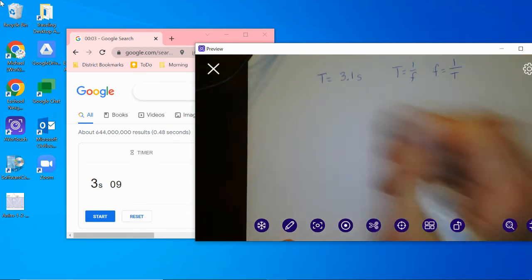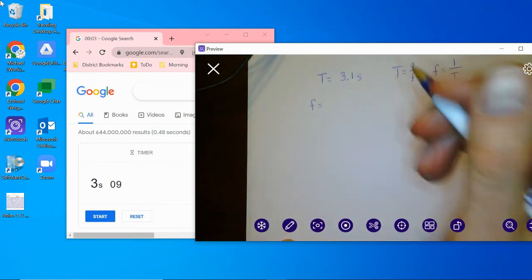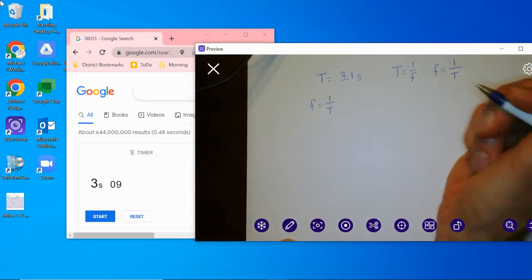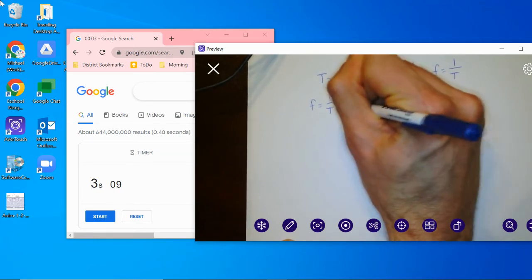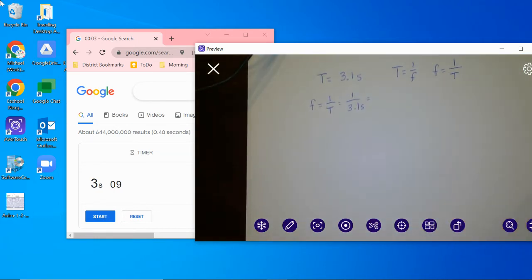So frequency then, if I want to know how many times he could do this in a second, it's not going to be very many times. In fact, it's going to be a fraction of the time. So it's 1 over 3.1. He's only going to get a little bit of his cycle in. It's somewhere around 0.3.